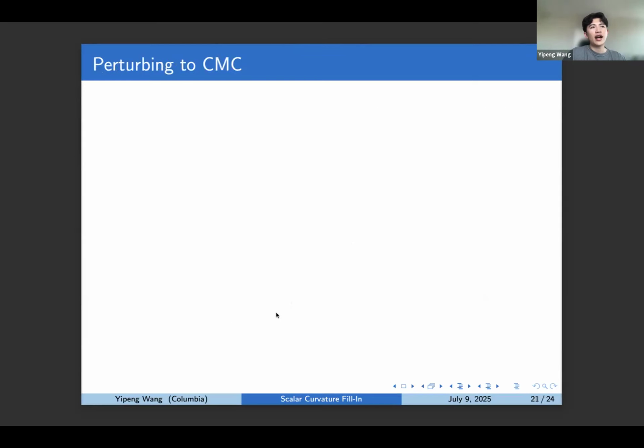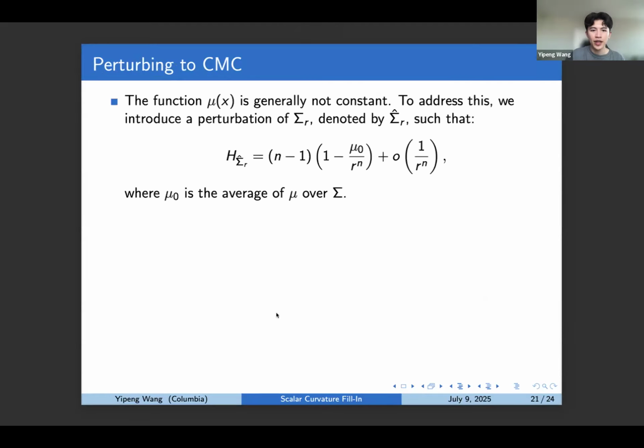Okay, so now the idea is that I would like to apply the systolic inequality to the slices, but a small issue is that this function mu of x, recall that this is something just defined on this torus. This is not a constant function.